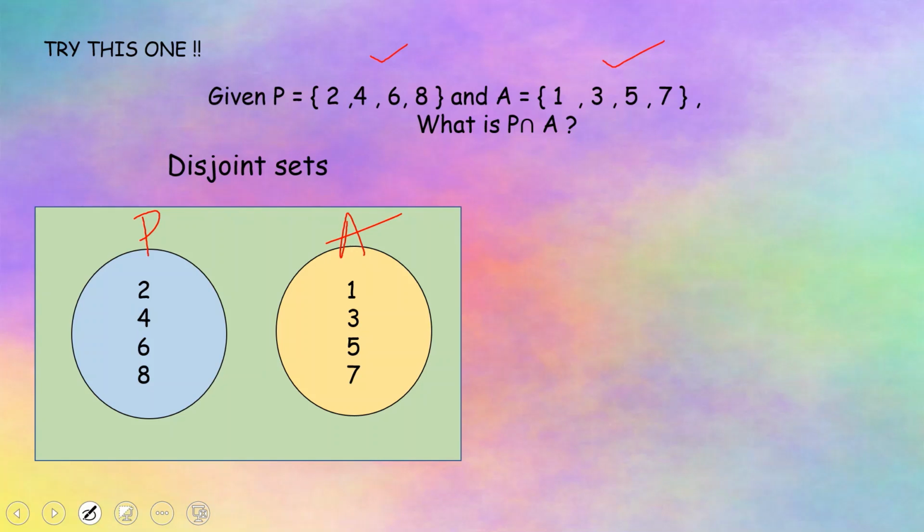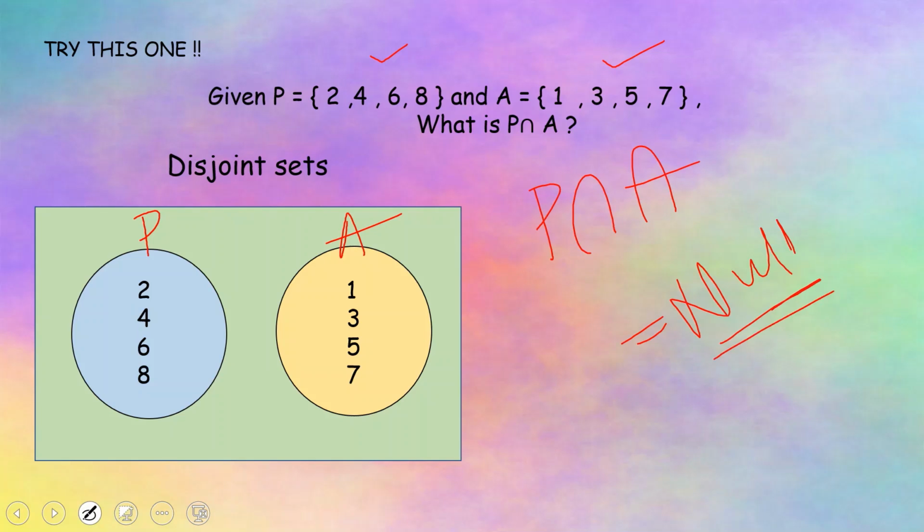P set has been drawn separately and A set has been drawn separately, and the elements are listed inside the sets separately. P has 2, 4, 6 and 8, and A set has elements 1, 3, 5 and 7. So what will be your P intersection A? It will be null, because they don't have any elements in common.